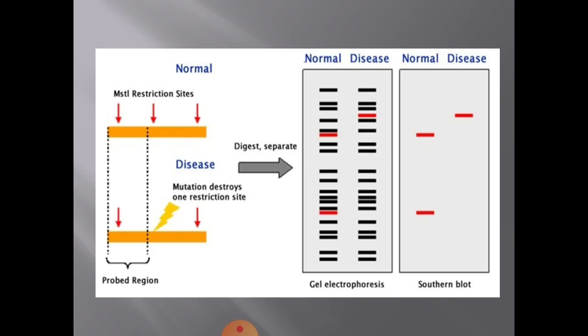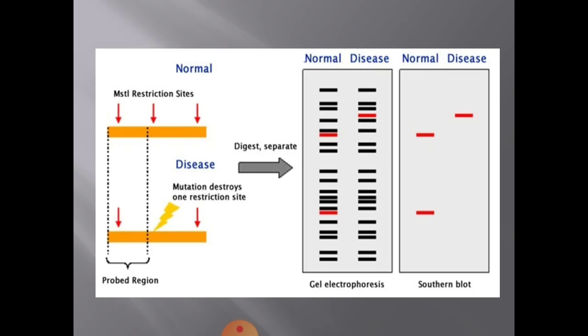Now all that I explained, you have to do that: treat with restriction enzyme, then run on AGE, then hybridize, right? So if you put them on gel electrophoresis, you can see the band patterns of the normal and also the disease. You can make out that a few bands are missing in the diseased person, especially the band here.